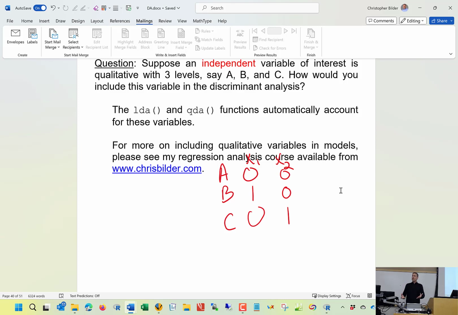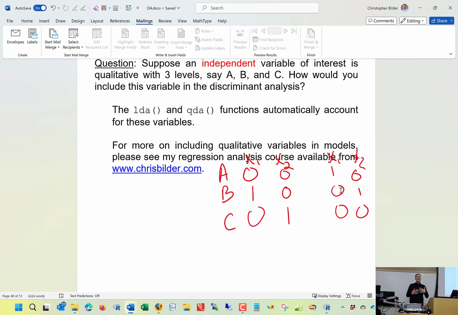R will automatically do this for you, but it's good to know what R is doing. Also, R will do it in this format here. So you might be wondering, why don't I just use this format instead? You could do that, but the way that R is set up is it uses some terminology that you might have heard in another course.